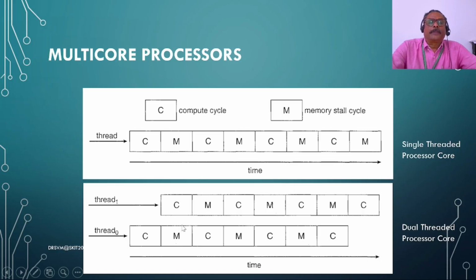This way every slot has one compute cycle, and hence the computation goes faster. So in all, one CPU core has two threads, and because of this the process speeds up 2 times.